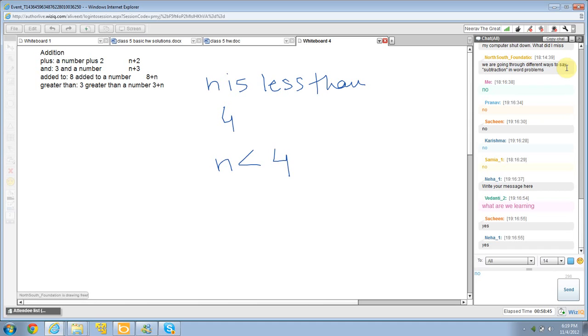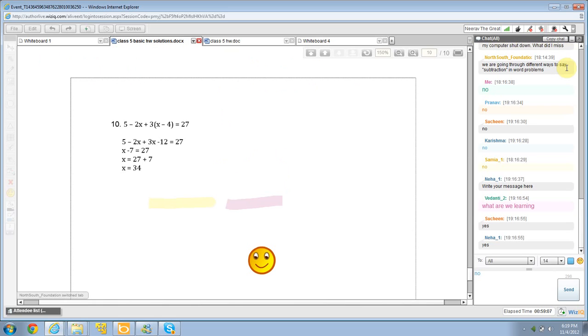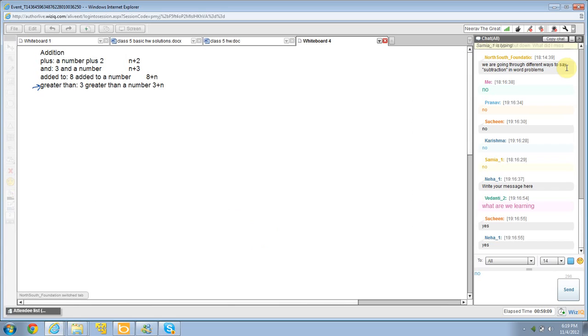Or if I say n is greater than, then I get n is greater than 4, or you'll have greater than or equal to 4, something like that. So this one it's good to know for now in general, but when you get to inequalities, the wording becomes really similar, so you have to be really careful in what you're doing. So, okay. Next one.